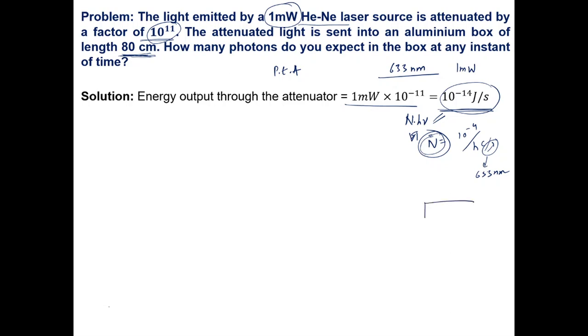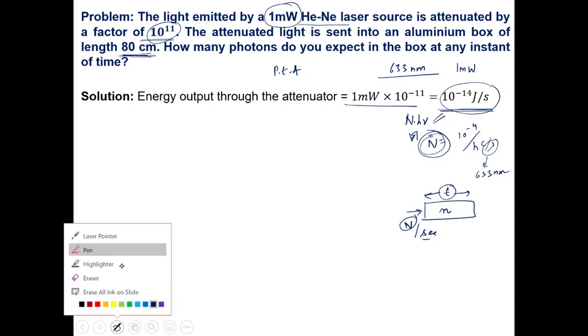Let's say the total travel time is t, and the number of photons entered is n per unit second, then the number of photons which stays inside is nothing but n times t. So let's see.